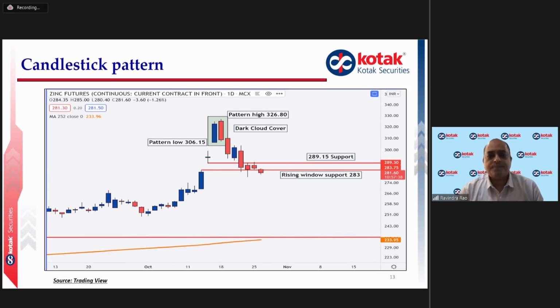Now this is a double candlestick pattern, wherein the previous candle is a big bullish candle, and then a bearish candle which crosses the high of the previous candle, and then it closes at least at the midpoint of the previous bullish candle.